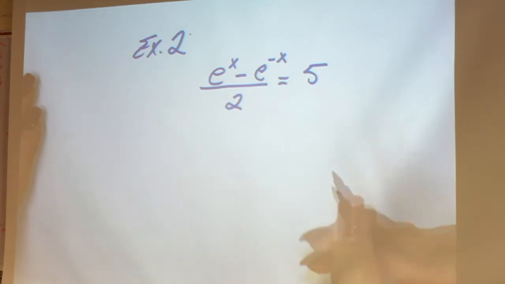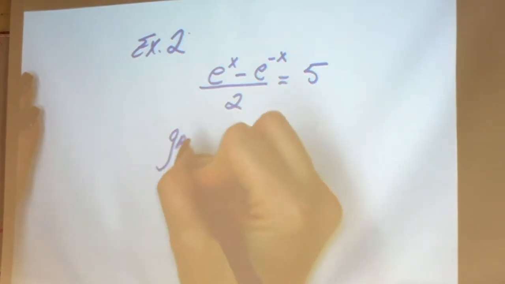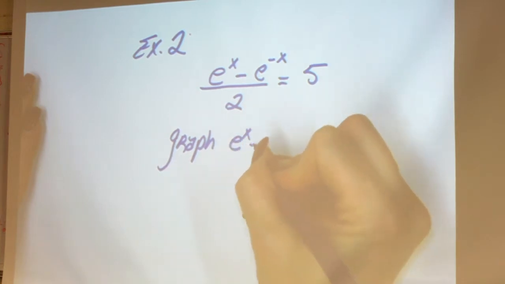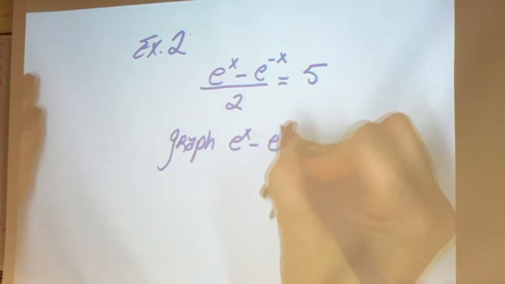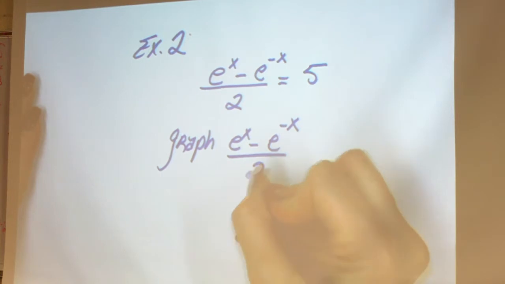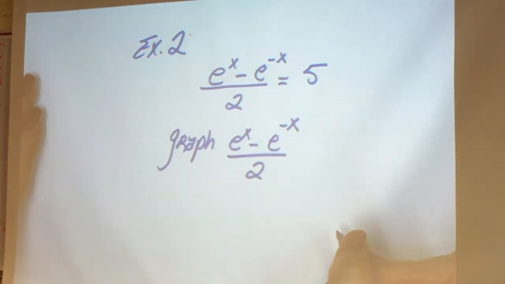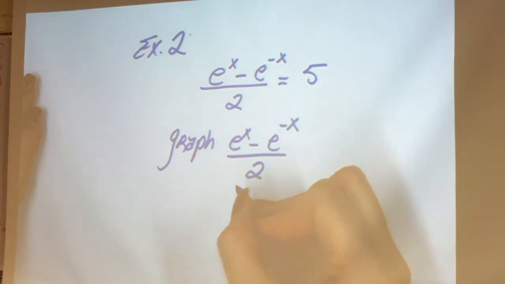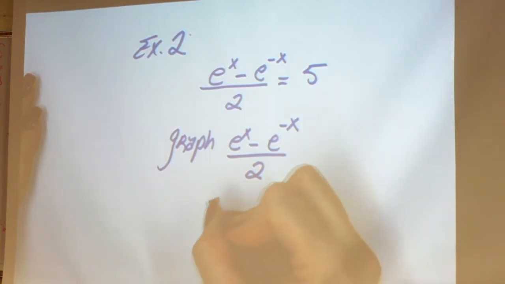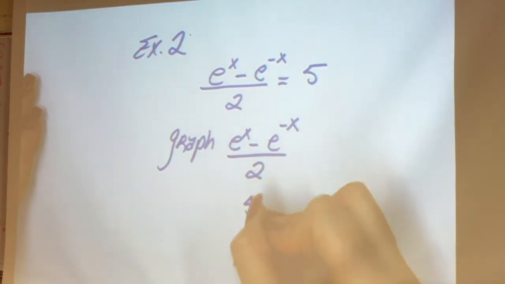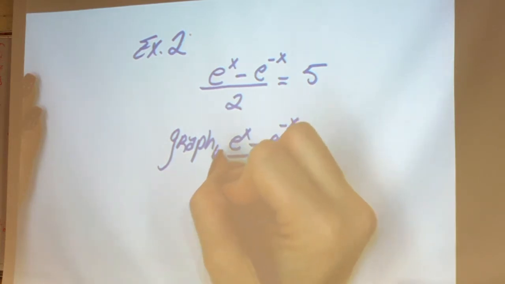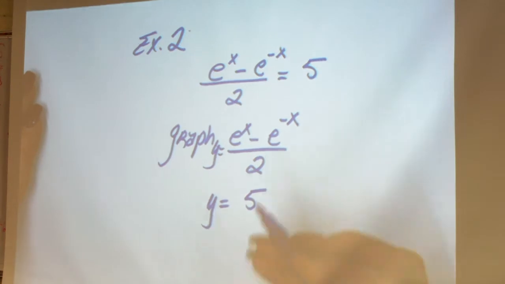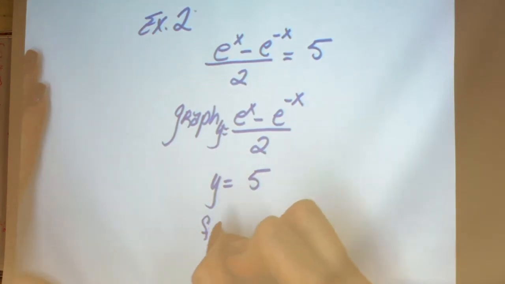So we're going to graph e raised to the x subtract e raised to the negative x divided by 2. Then you're going to press the tab button and you're going to graph 5. And this would be y equals. Graph them and then find the intersection.